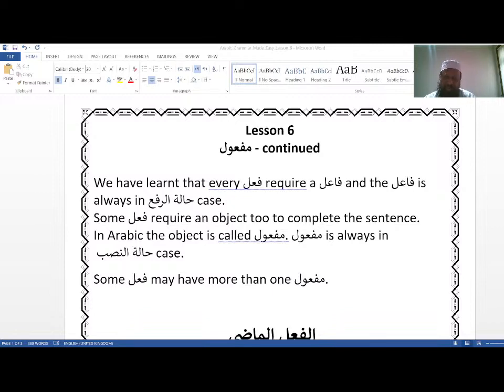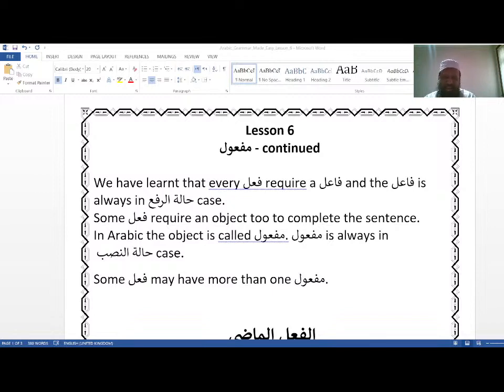We need to read this again and again so it sticks in our head. We have learned that every fail requires a fa'il, and the fa'il is always in halatul rafa, in which the last letter we read with dhamma. Some fails require an object too to complete the sentence.